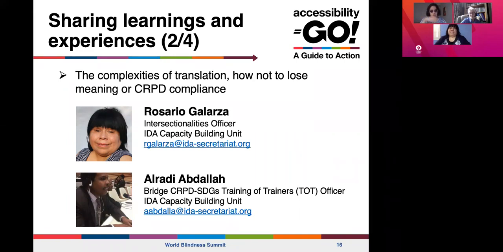we need to translate the word and the concept to Arabic, but at the same time, we need to translate it in easy to understand language. As we are discussing accessibility, we need to use accessible information. I mean, accessible language for all persons with disabilities, language that could be understandable by all persons with disabilities across the region.